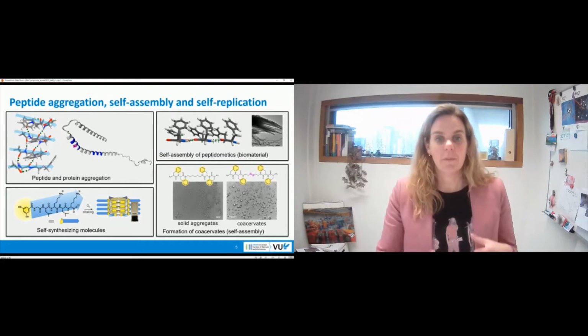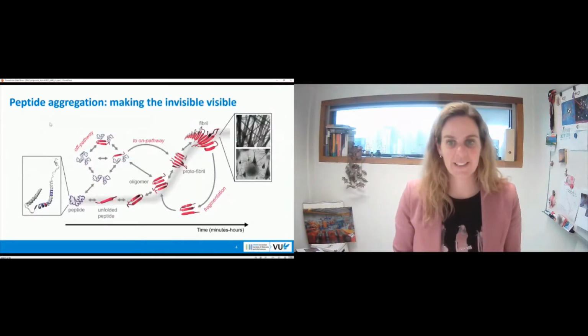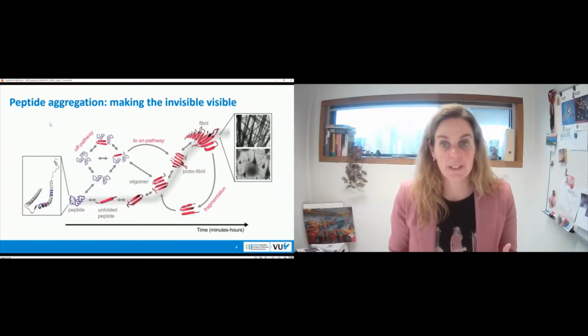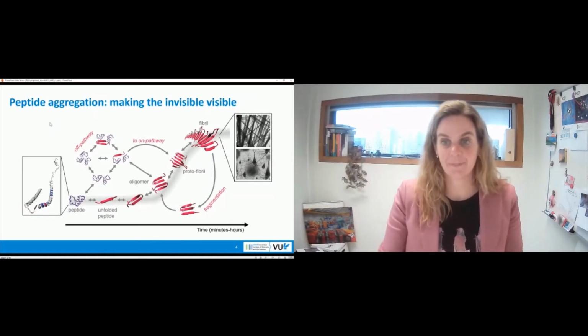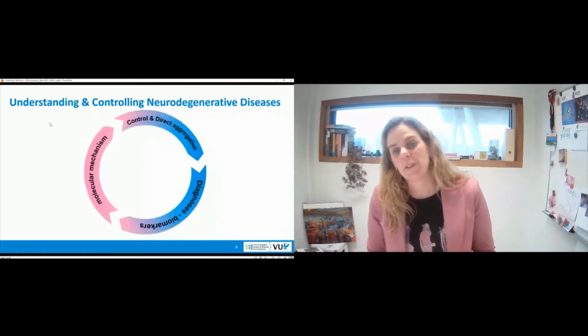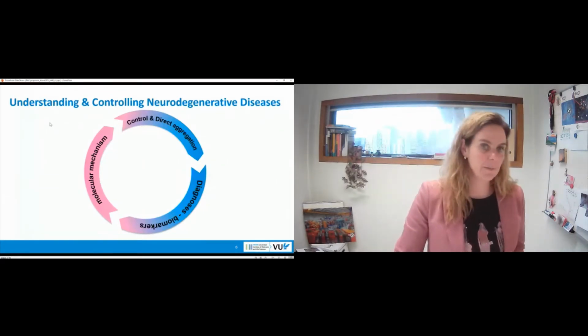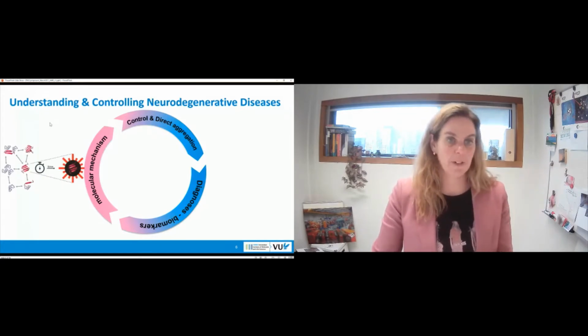So just to come back here, we have this very complex network where we want to pick out individual structures to look at them to actually map this aggregation pathway. So this is what we want to do. That's one part. We want to understand the molecular mechanism, so really look at individual parts.